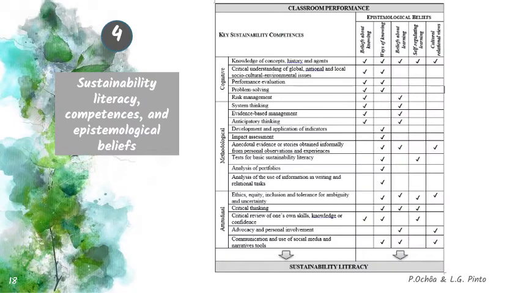As illustrated in this table, library and information studies sustainability literacy can emerge from classroom performance through the development of key competencies in interaction with epistemological beliefs. These competencies are listed and organized around the 3 basic types identified by Amador Hidalgo and Ariona Fuentes, which are cognitive, methodological, and attitudinal.